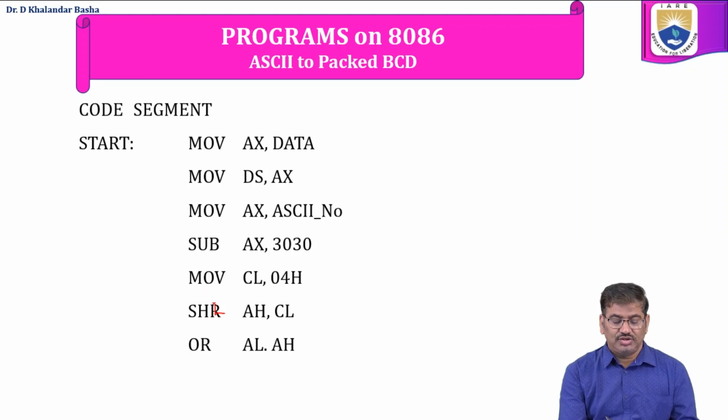Now shift the contents towards the left side by using the SHL instruction, SHL AH, CL. Either we can use the SHL instruction, or we can also use the ROR or ROL instruction. All are valid. Then OR the contents of AL and AH, for getting the packed BCD number in the AL register.